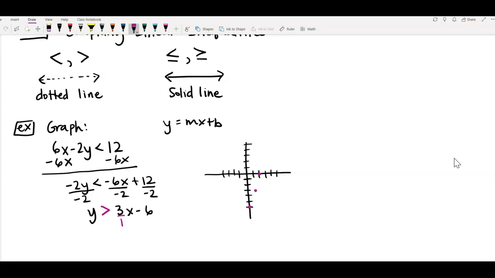Now it doesn't have the equal to part, so it's a dotted line that I need to use on this. So I've got a dotted line. Whoa, looks really funky. Let me try again.